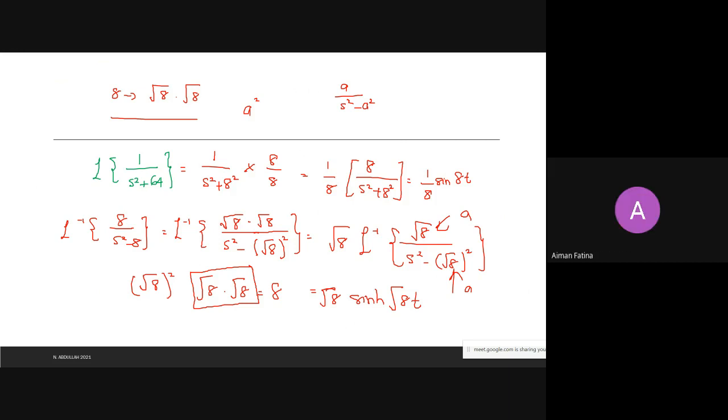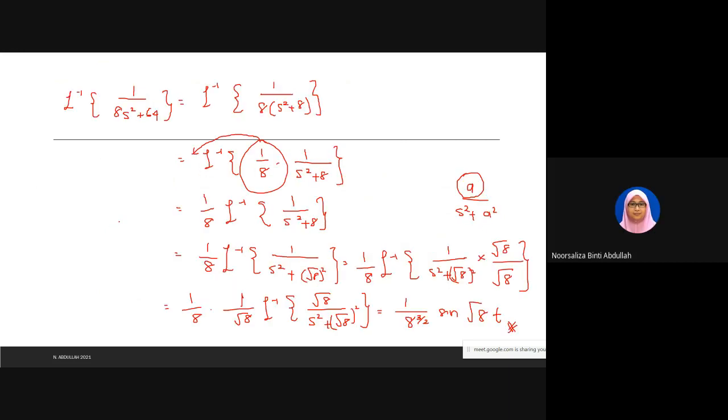Okay. Ada soalan lagi tak? Doktor, masa saya buat dalam kalkulator 1/8 darab 1 per square root 8, dia dapat jawapan square root 2/32.